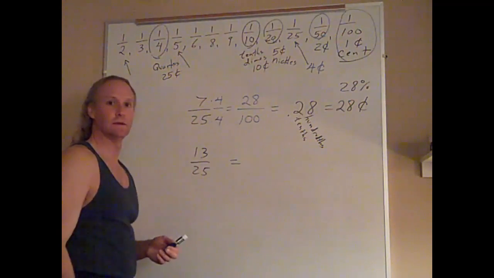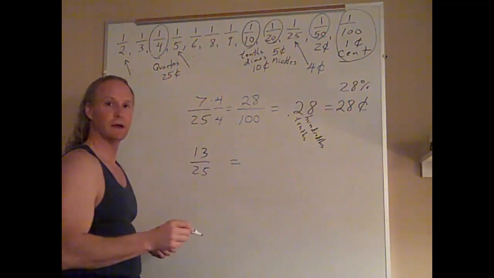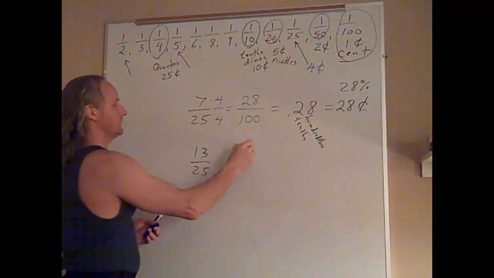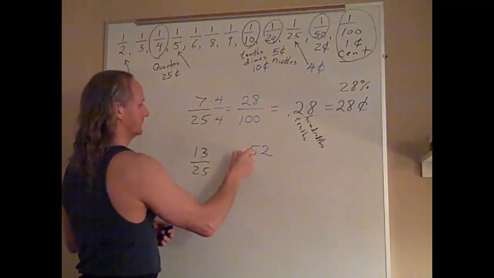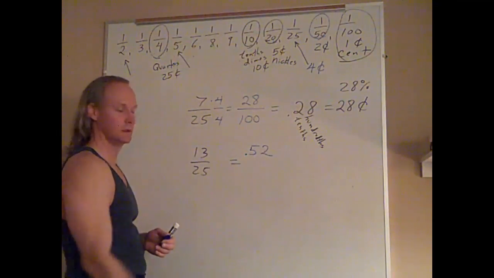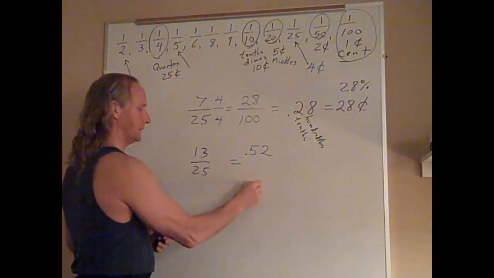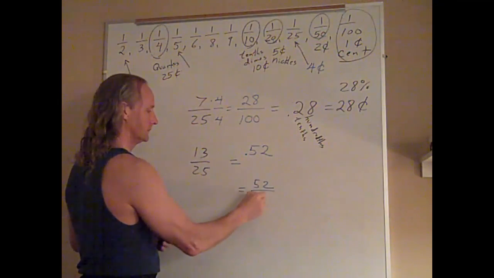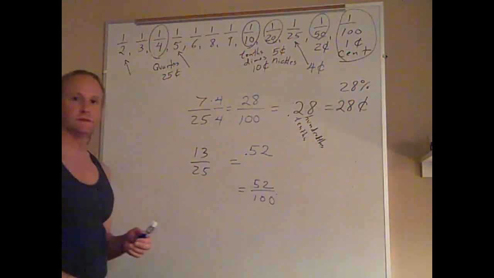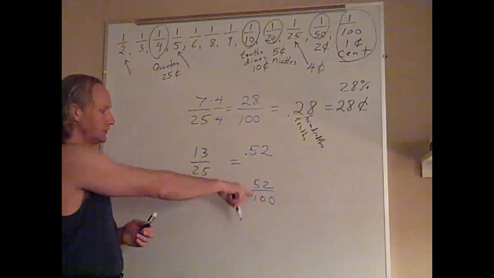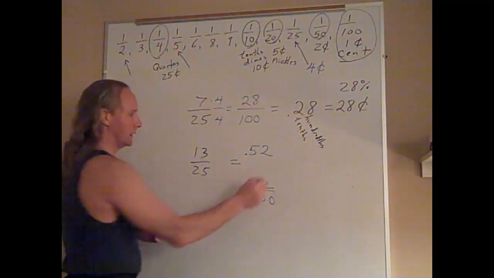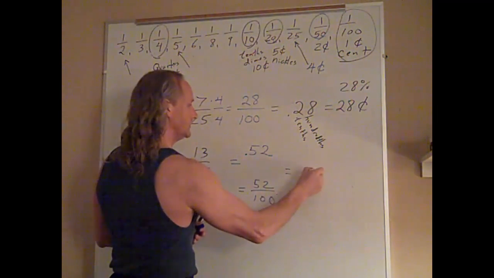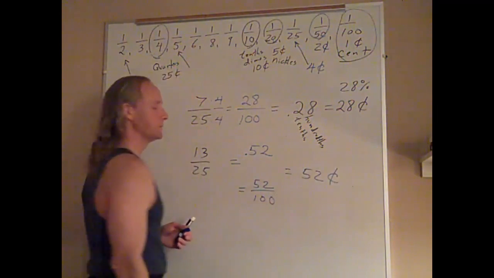So if I have 13 of them, I multiply the 13 by 4 in my head, and I get 52. That's 52 cents. I can write it like a decimal. I can also write it as a fraction, 52 hundredths, but I can also write it as 52 cents.